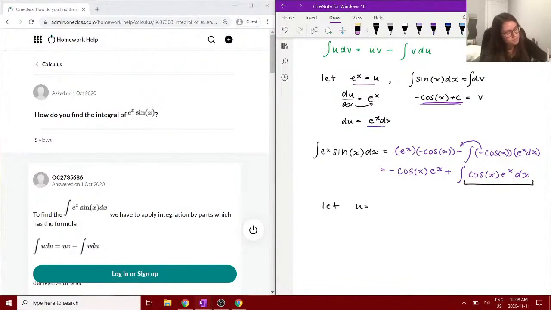Okay, so we're going to let u equal the same thing as before, e to the x, and we're grouping the cos x and the dx, even though they're not next to each other. We're going to group those together for dv. dv is equal to cos x dx.